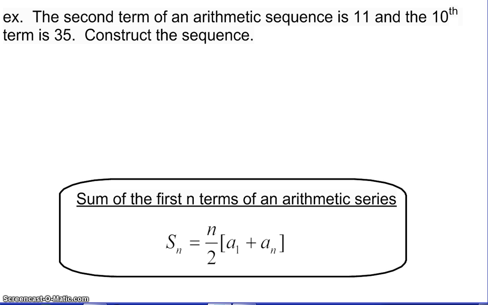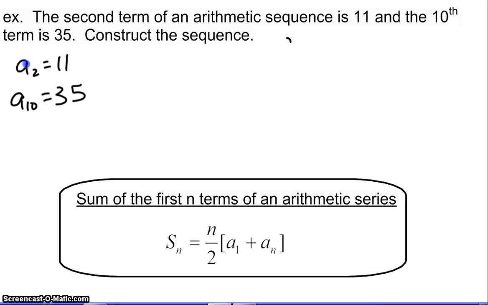Now when we move on to this other one, if we read the problem here, the second term of an arithmetic sequence is 11, and the 10th term is 35. So we aren't given the first term here, so we need to work a little bit backwards in order to construct this sequence. We're given the second term of 11, and the 10th term of 35.